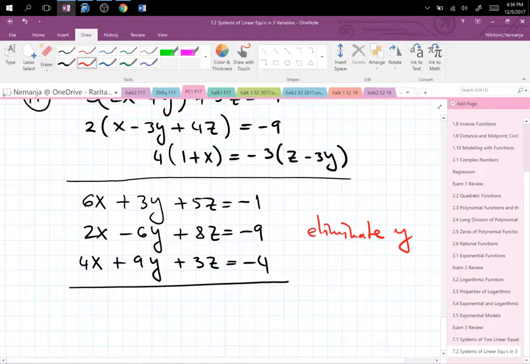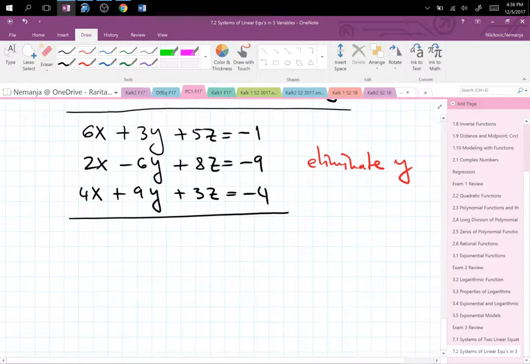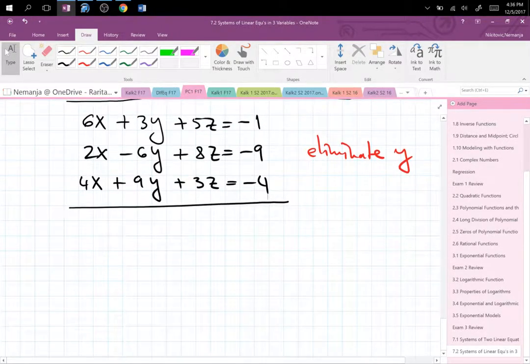Not that no one went z. So since some of you eliminated x and some of you eliminated y and no one eliminated z, you got this, right? You just need to polish it.